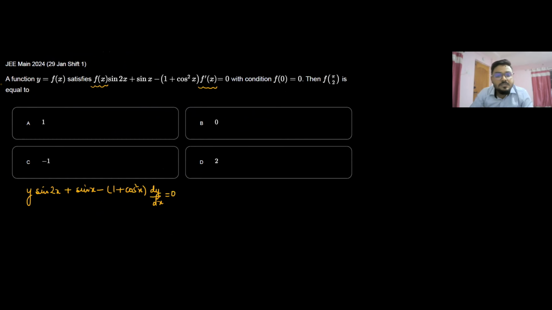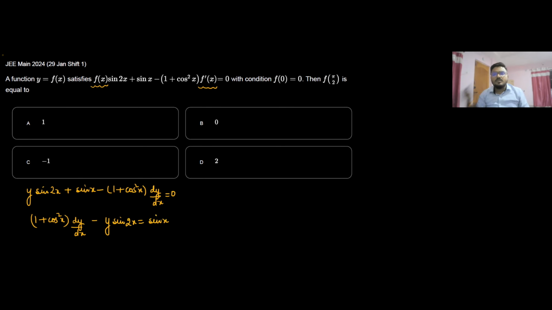Now it is clearly visible and we can shift this dy by dx on another side. So (1 plus cos square x) into dy by dx is equal to, shift this y term also now. So that will be minus y sine 2x equal to sine x.